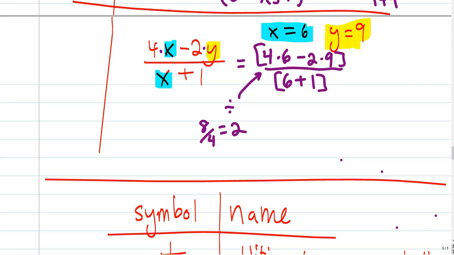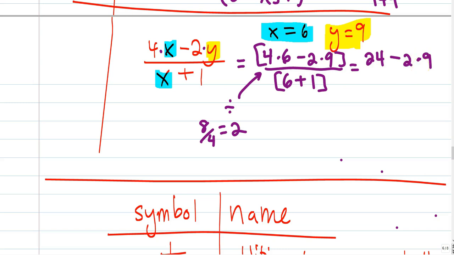So PEMDAS again, we're going to start on the top. I see multiplication. 4 times 6 is 24 minus 2 times 9. I'm not going to skip any steps here. I'm just going to deal with the top for now, and then I'll bring the bottom down. It is tempting to do 24 minus 2, but that 2 times 9 multiplication trumps the subtraction. It occurs first.